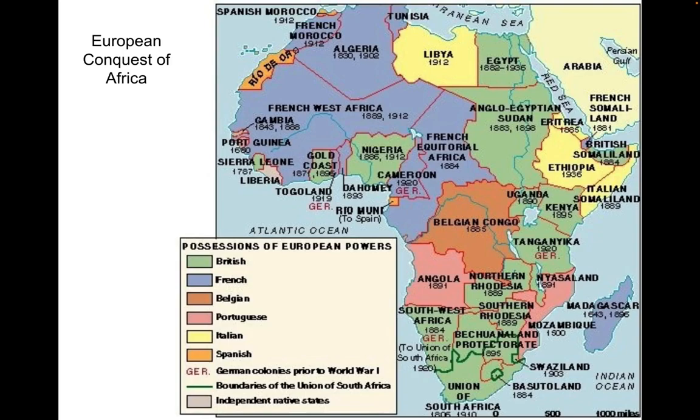Okay, so we looked at Africa, right? We have the French West Africa, Algeria, Libya, French Morocco, Spanish Morocco, Tunisia. So all of this is what Germany and France are fighting over. But then we see all in green all this British territory, right? And then the Germans are starting to put their stamp in Western Africa.